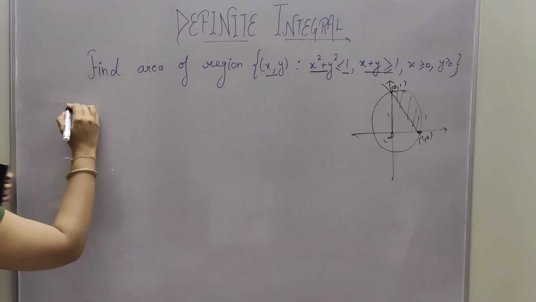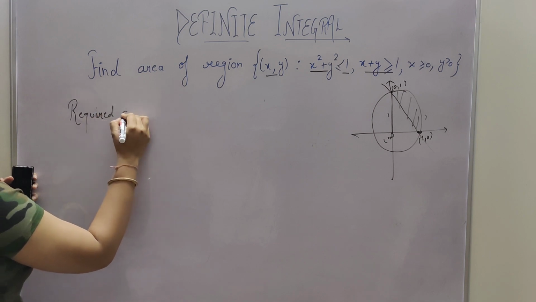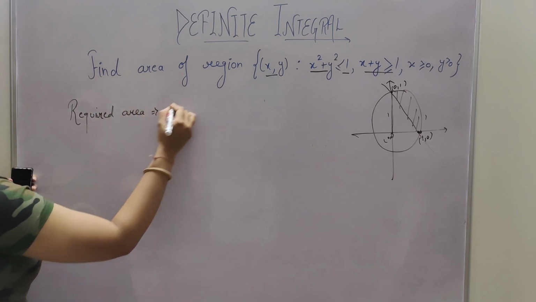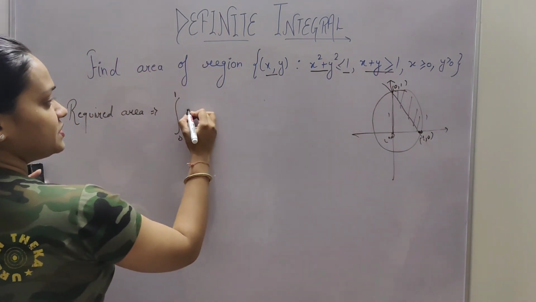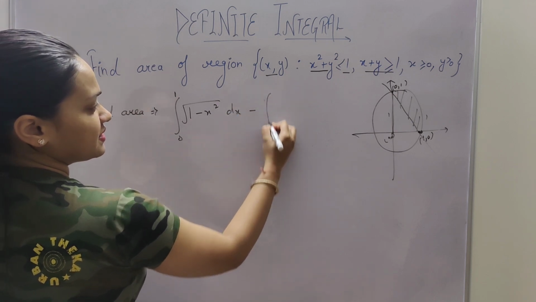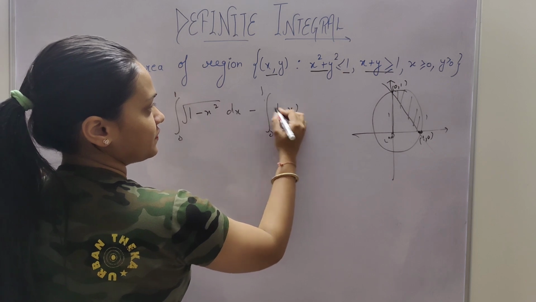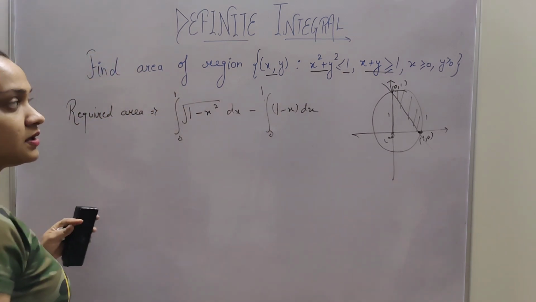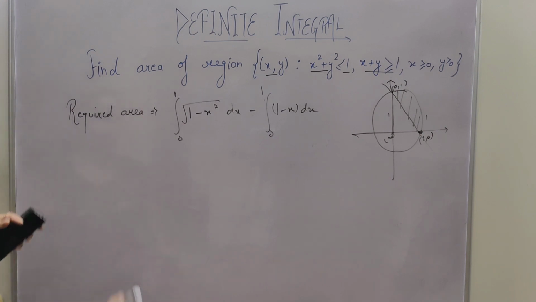So required area is equal to the integral from 0 to 1 of the area of the circle, which is root 1 minus x square, minus the area of the line, which is 1 minus x dx. Clear? Area of circle minus area of the line.